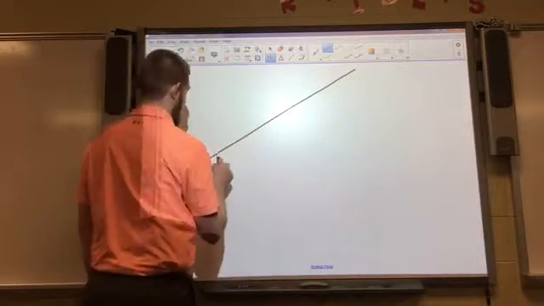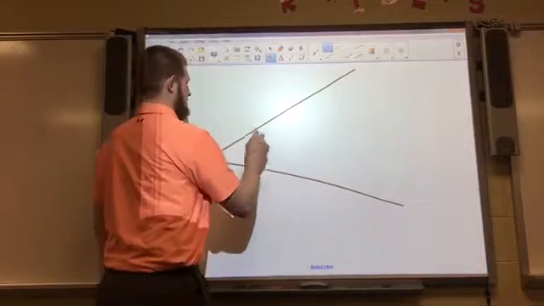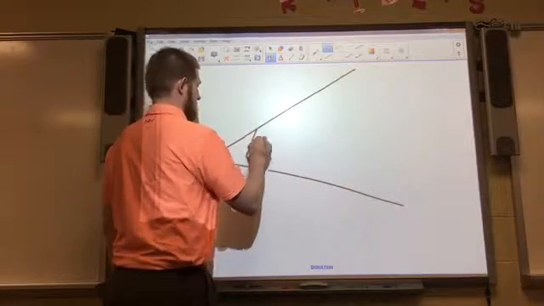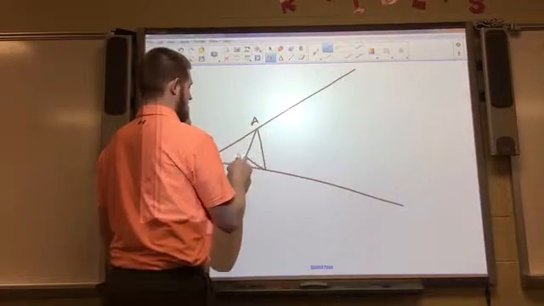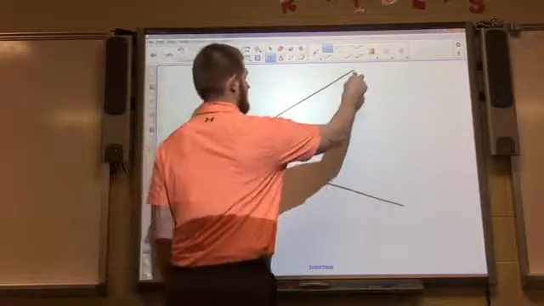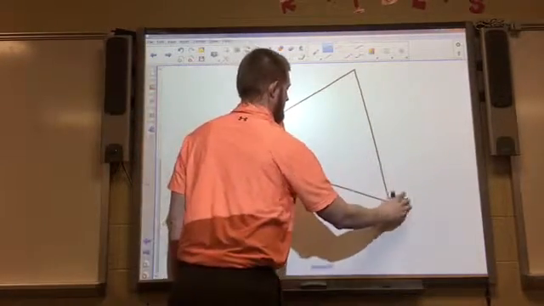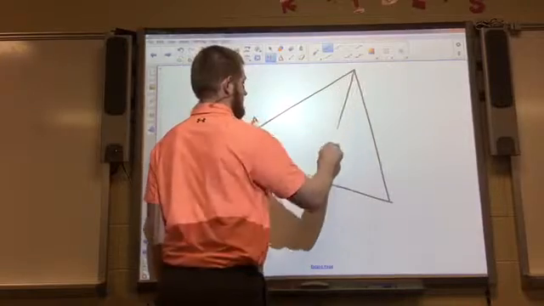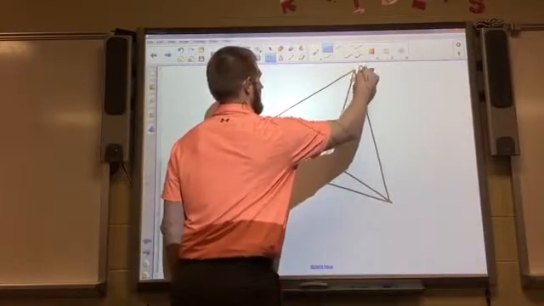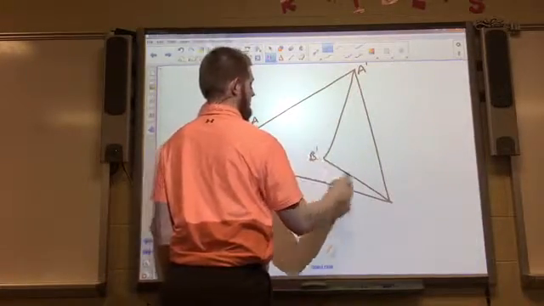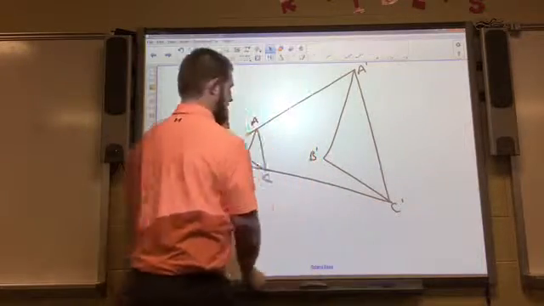Okay, so if it's that point, and my dilation looks something like this, maybe this is A, B, C, and this is A prime, B prime, C prime.